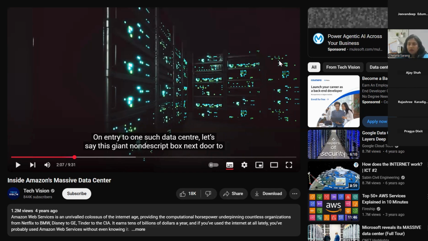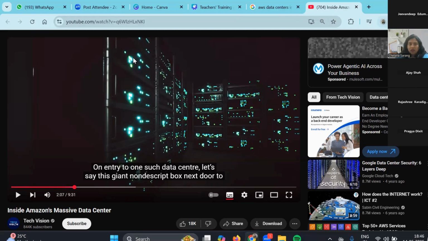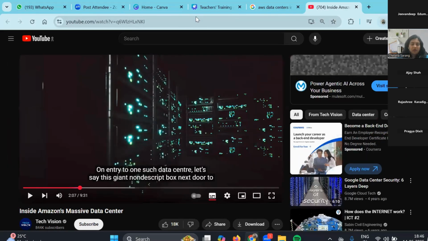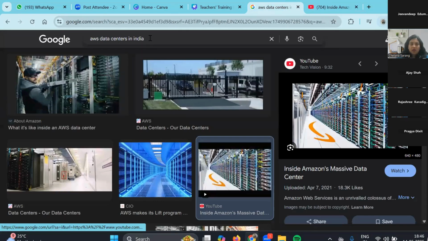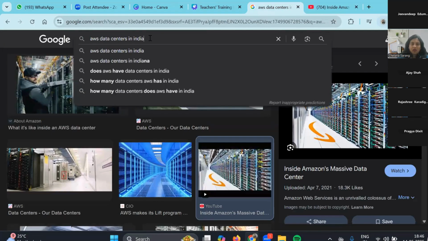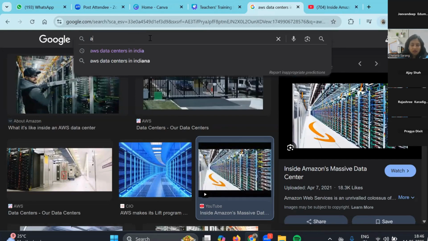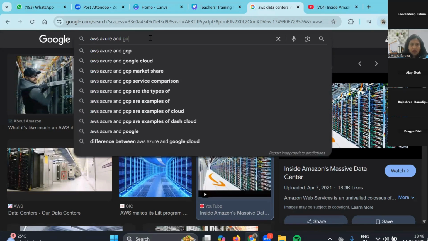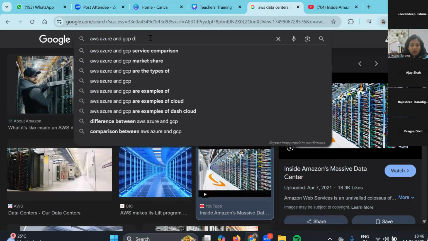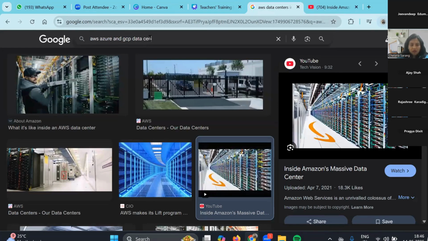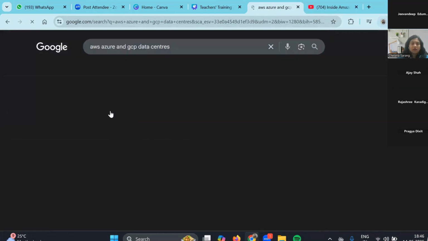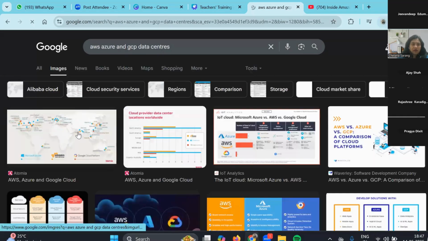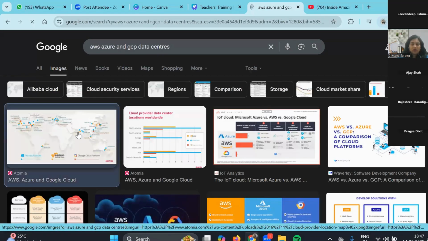So that is one thing. You see data centers. I'll just give AWS, Azure, and GCP data centers. An image here.